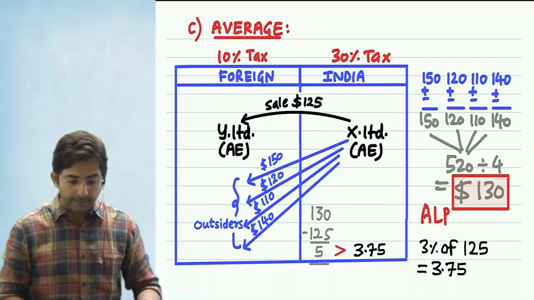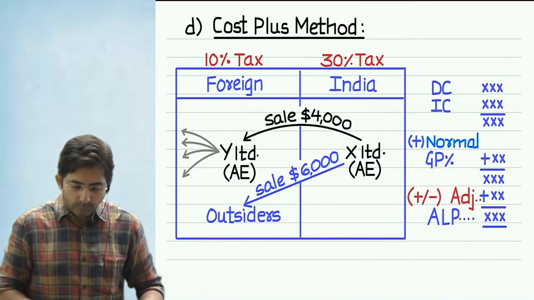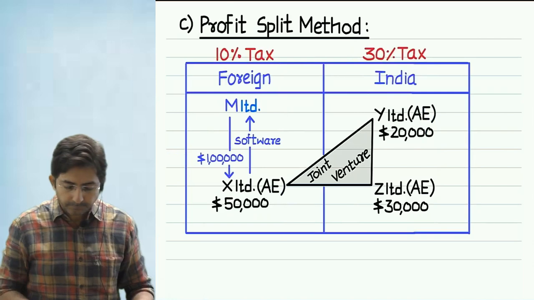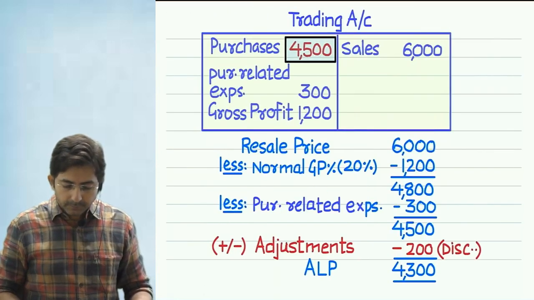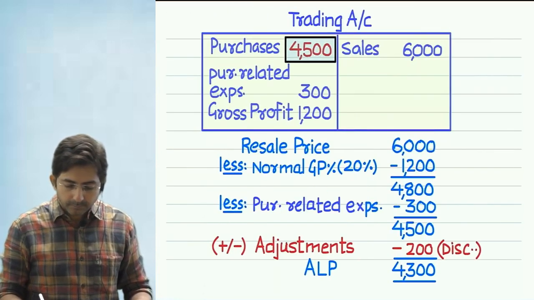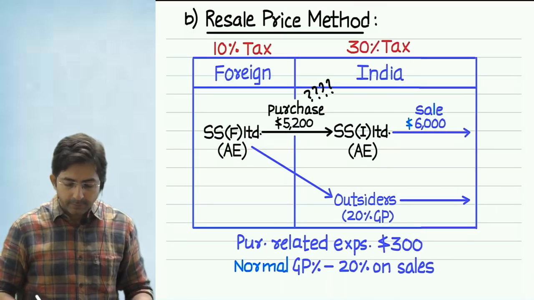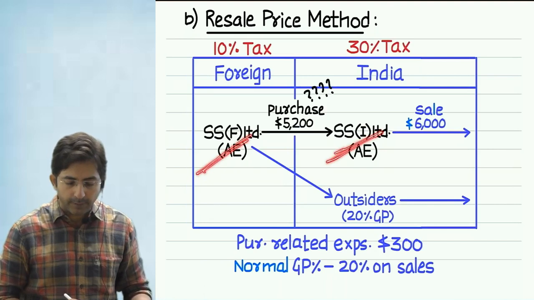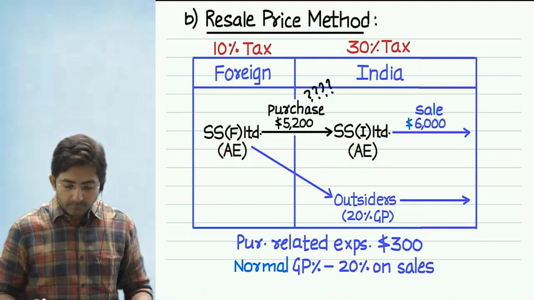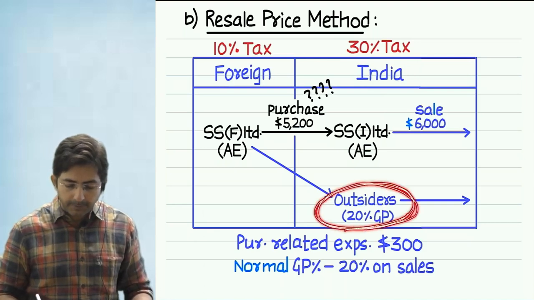In resale price method, see what we did. Remember this? Resale price method, that example of Samsung I gave, Samsung India, Samsung foreign. So here what did we do? We have taken 20% GP.